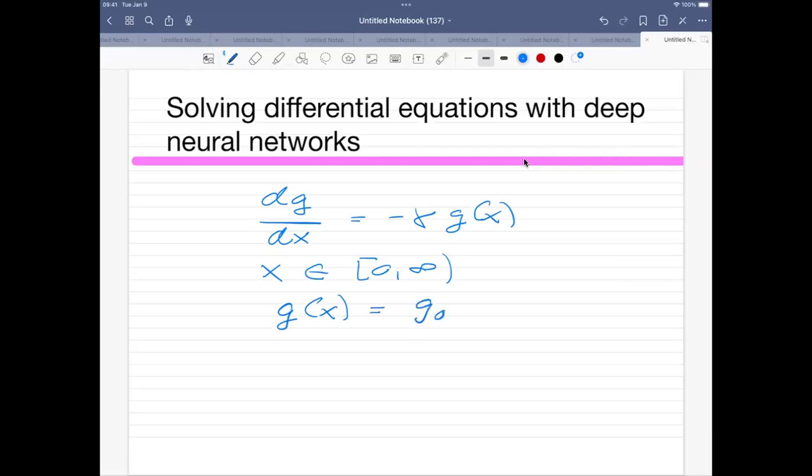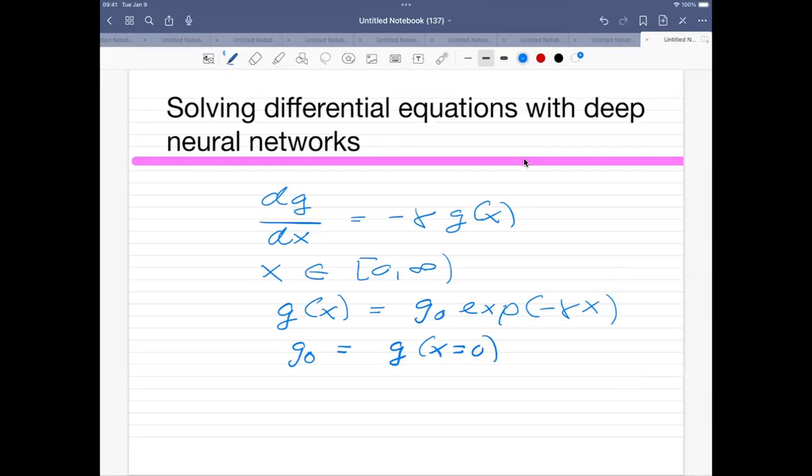And then we have the exponential of minus gamma x. And this gamma is normally called the exponential decay parameter, or the half-life parameter, if you're dealing with exponential decays as a physical process. And this g0 is simply given by the initial condition, where we have x equal to 0 here. So this equation is something which many of you have encountered and seen several times.